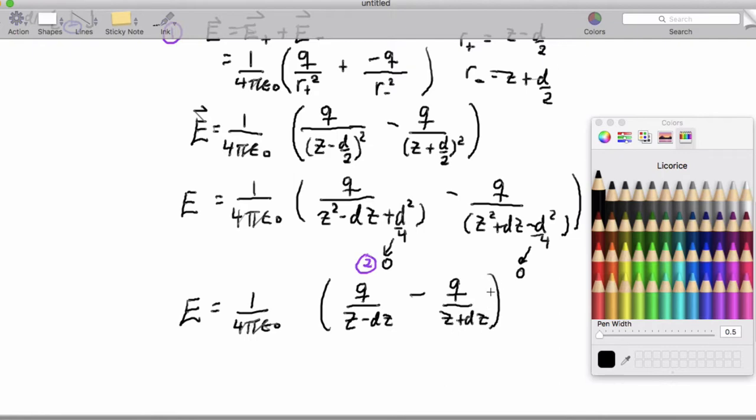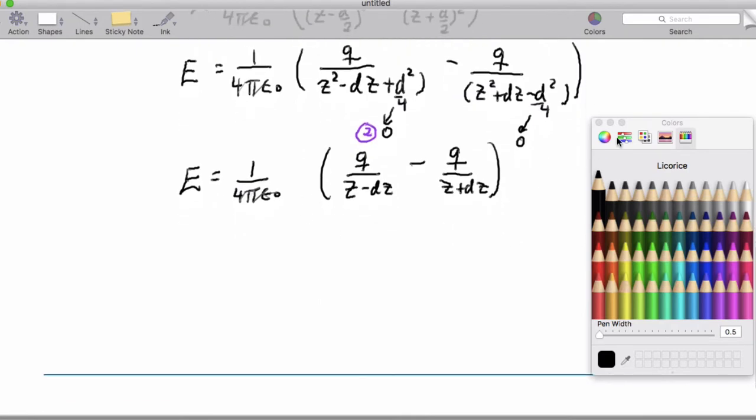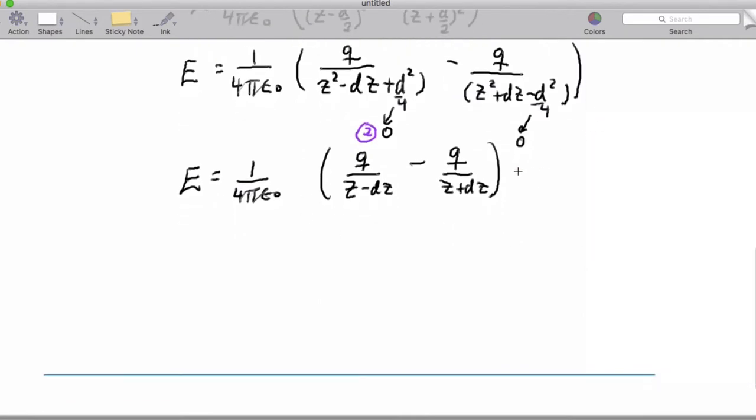And now we're going to give this a common denominator. So I'm actually going to borrow a page out of Jalan's thinking. She did this really efficiently. So we got q times z plus dz minus q times z minus dz, all over, and this is 1 over 4 pi epsilon naught here.